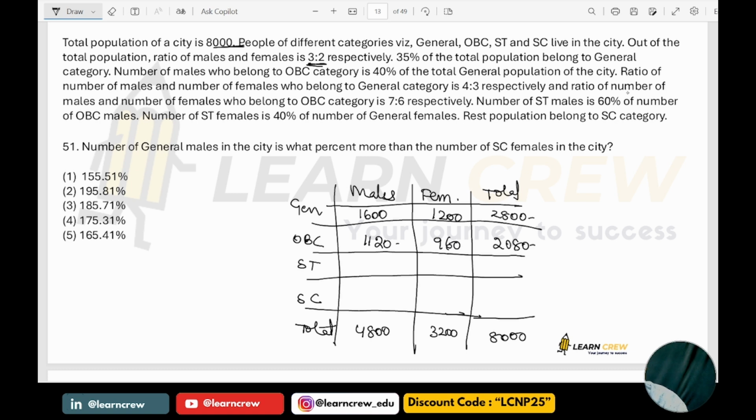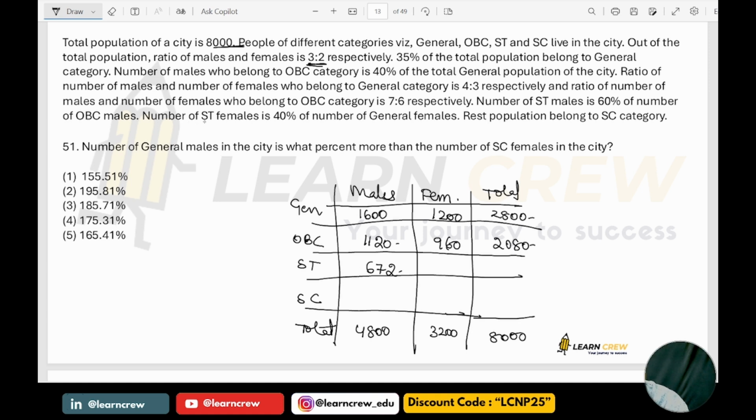Now next. The number of ST males is 60% of the number of OBC males. The number of OBC males is 1120. 60% of 1120 is 672.